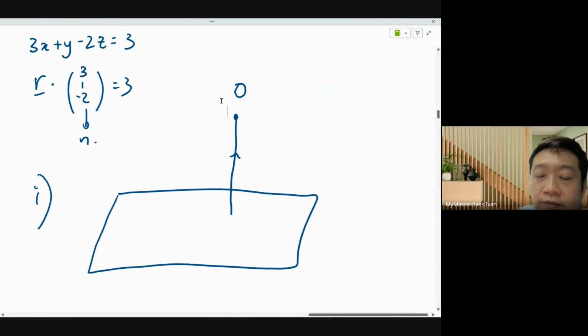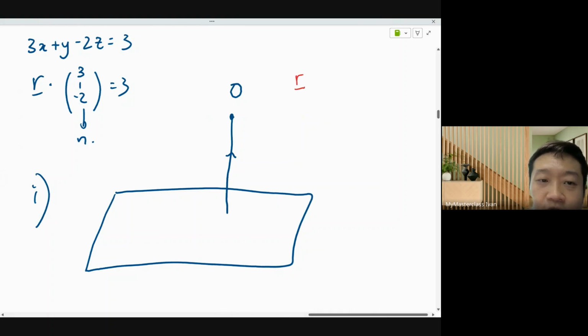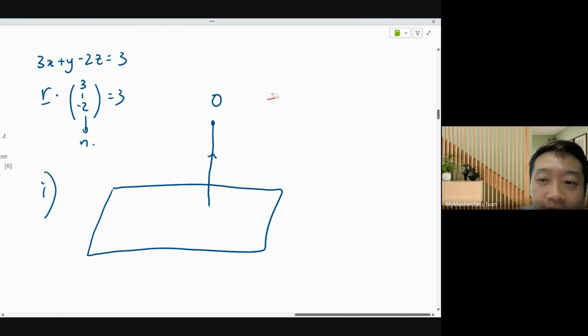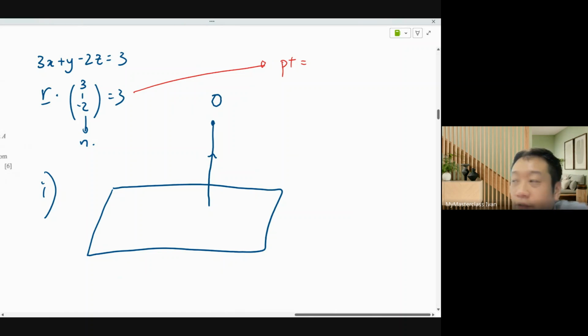All you need to do is, you need an r, you need a point. So give me a point that is convenient. Tracy, give me a point that is convenient, such that r dot n equals 3. Yeah, 1, 0, 0. Anybody don't know how to get 1, 0, 0? Because I want 3, right? 1 dot 3 can already, the rest zeros.